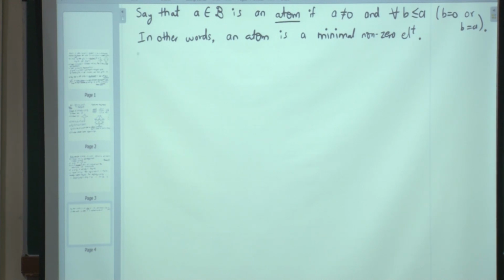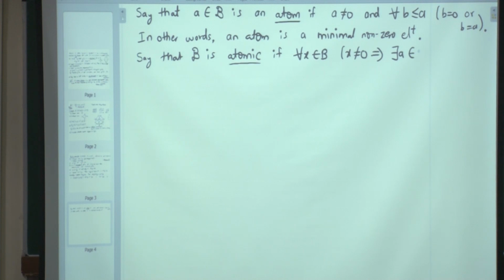So say that B is atomic if for all x in B, x not equal to 0 implies that there exists A in atoms of B such that A is less equal x.